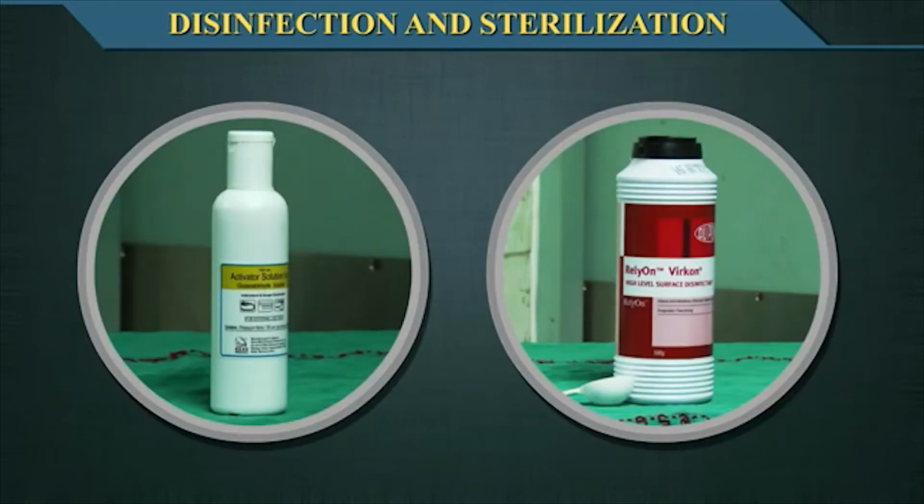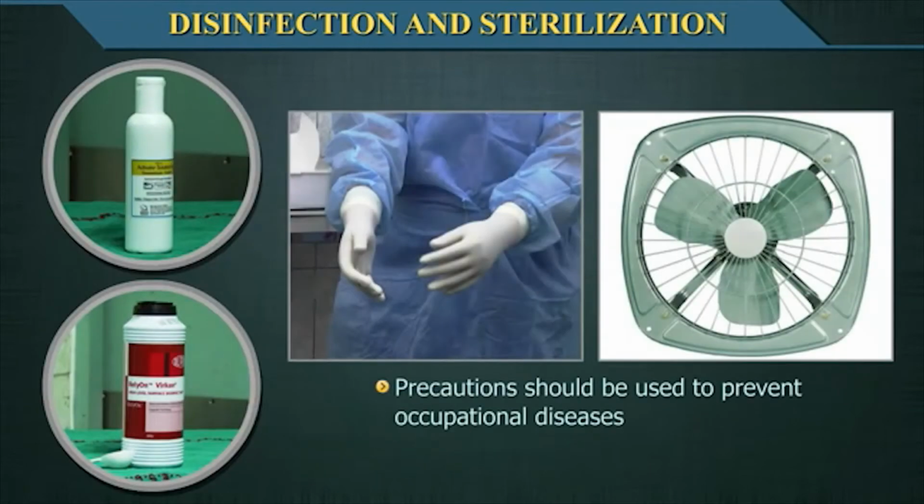Because occupational diseases among cleaning personnel have been associated with use of several disinfectants, for example, formaldehyde, glutaraldehyde, and chlorine, precautions, for example, gloves and proper ventilation, should be used to minimize exposure.